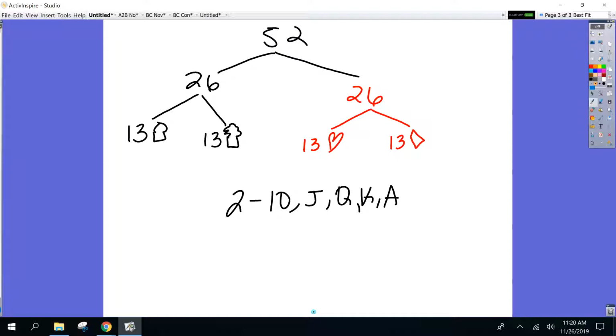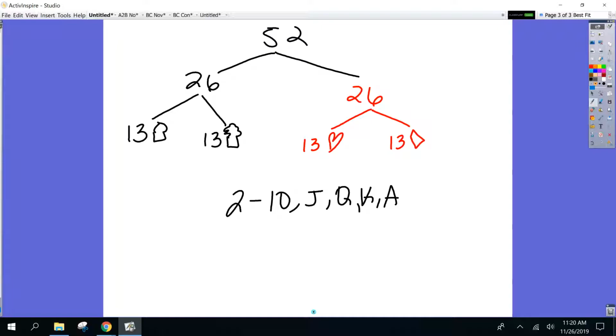Okay? That's where the 13 cards come from. Do you see an ace as a one or like a more than? It's just an ace. Okay, we good? Yeah. Marissa, we good? Yeah.